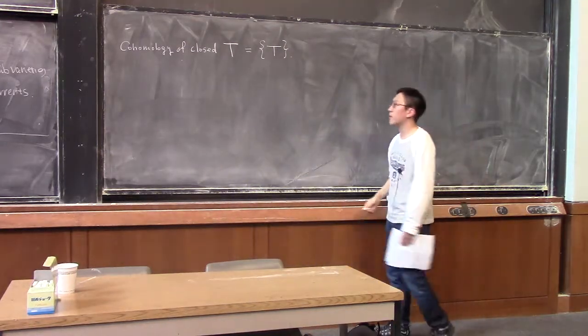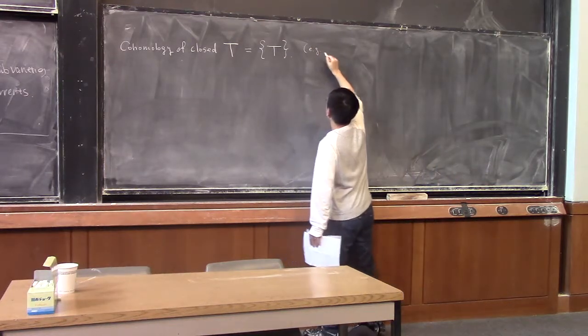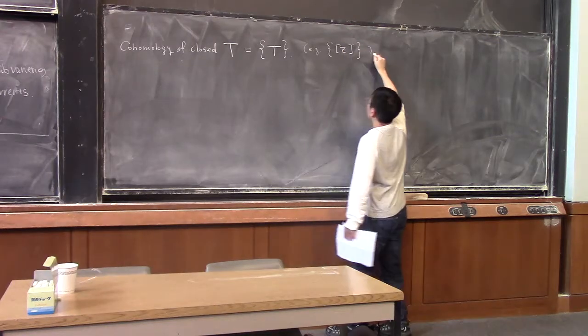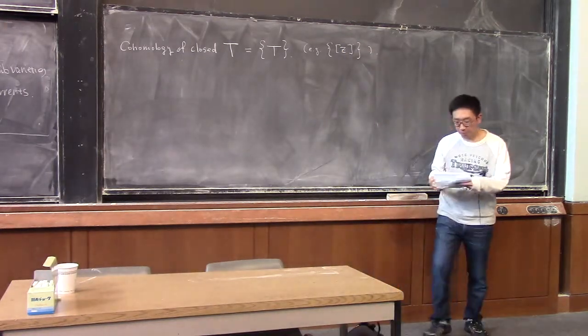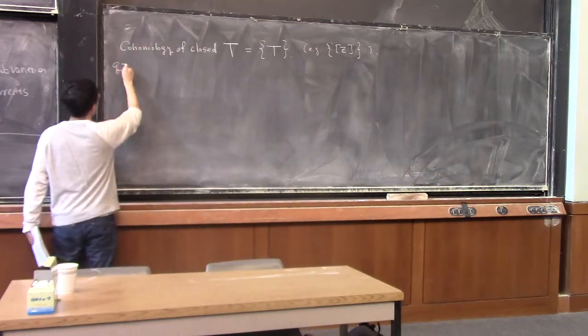For example, the fundamental class associated to a subvariety Z would be this in our notation. And the necessary condition is this.